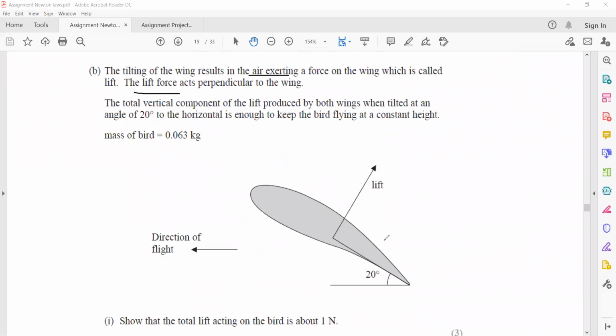The lift force is perpendicular to the wing. The total vertical component of the lift produced by both wings, when tilted at an angle of 20 to the horizontal, is enough to keep the bird flying at a constant height. The mass of the bird is 0.063. The direction of the flight is given. Show that the total lift acting on the bird is about 1 Newton.